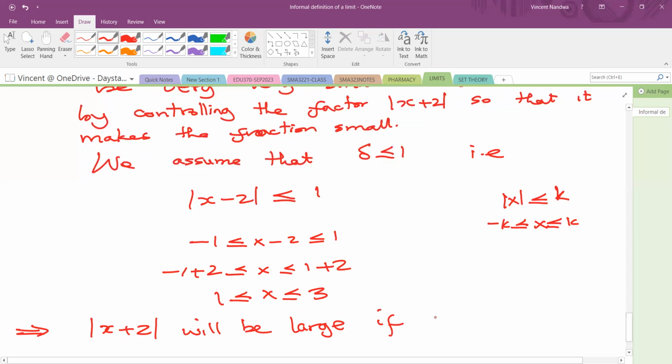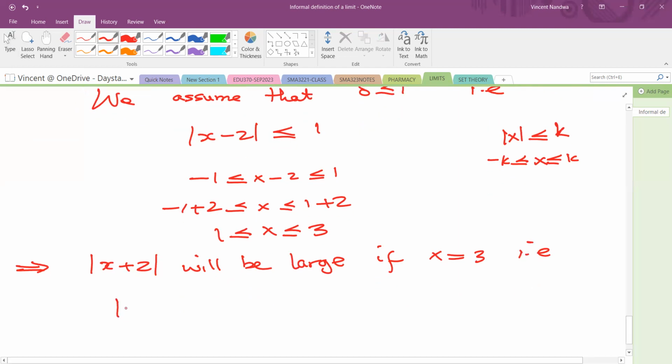If x is taken to be 3, remember x lies between 1 and 3, so for us to have that value be a great positive value, then we pick the maximum, i.e. the absolute of x plus 2 will be the absolute of 3 plus 2, which is the absolute of 5, which is just 5.